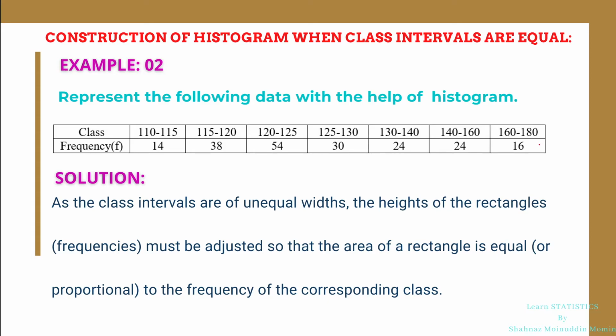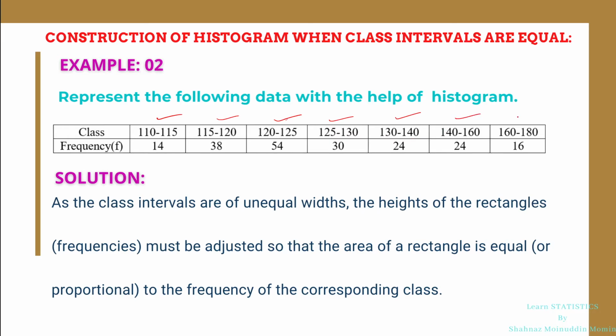By careful observation we can see that the first four classes, 110 to 115, 115 to 120, 120 to 125 and 125 to 130, have the class width 5, and the fifth class is of width 10. Why 10? It is 130 to 140, meaning it has a width of 10.